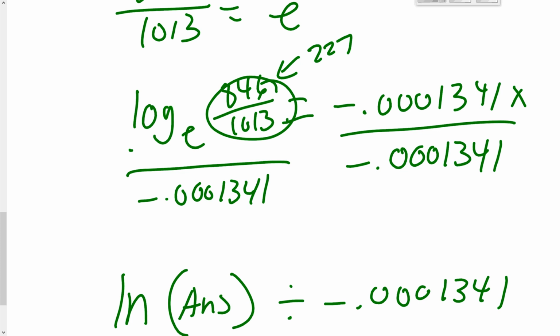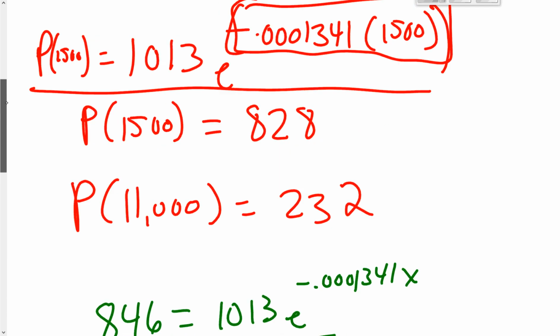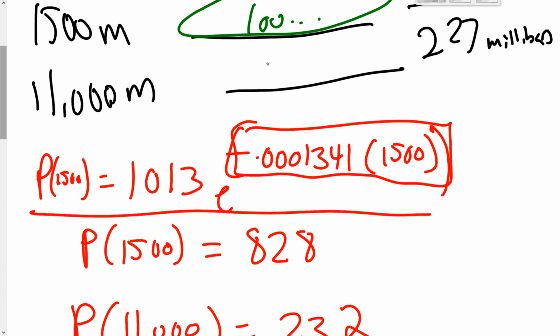Then I can hit divided by and do the negative 0.0001341, hit equals, and I get 11,153.